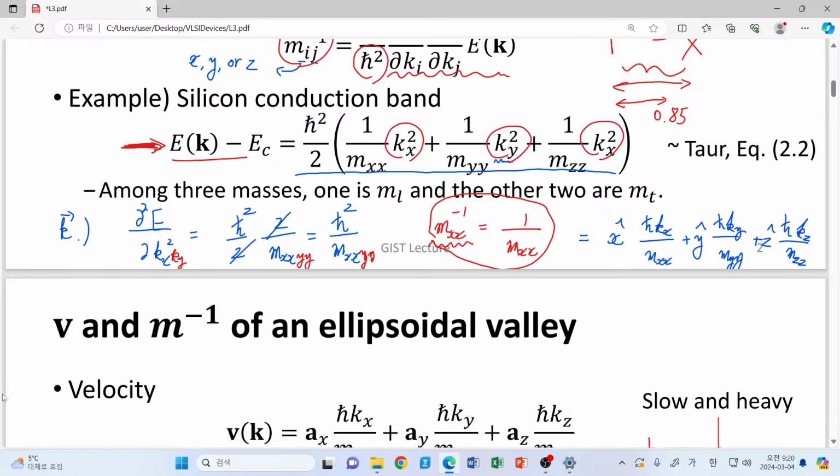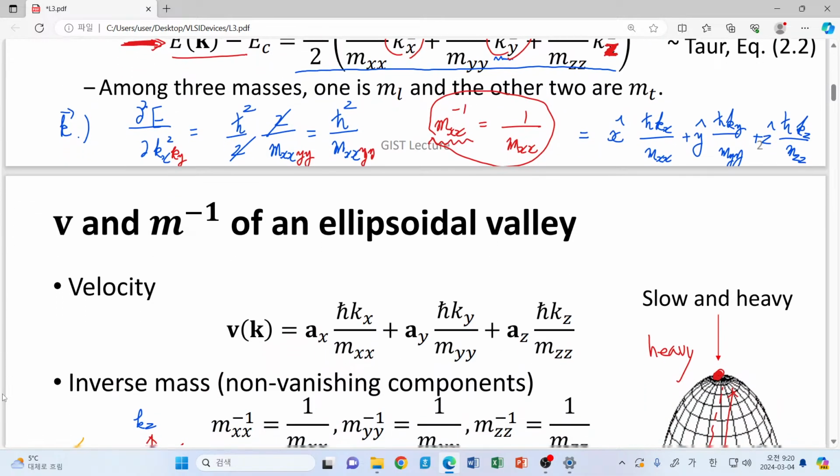Sorry about that, I made a typo here. This should of course be z. I will correct this typo very soon. So anyway, this is the quadratic function of our silicon k value.